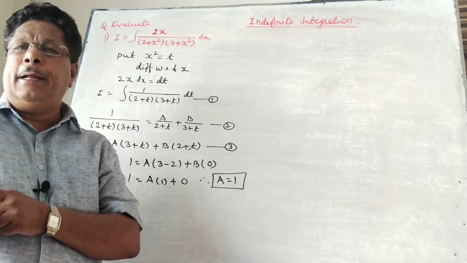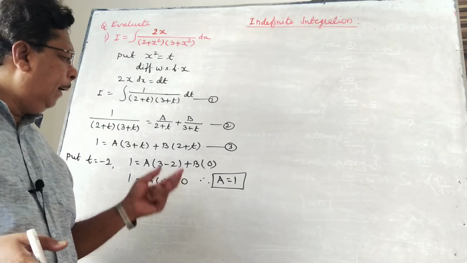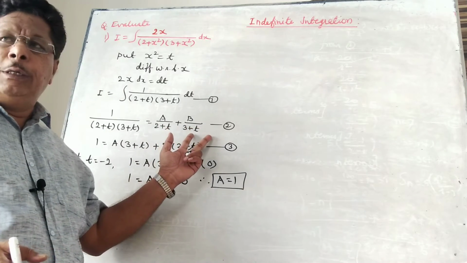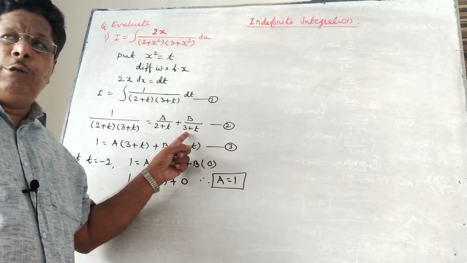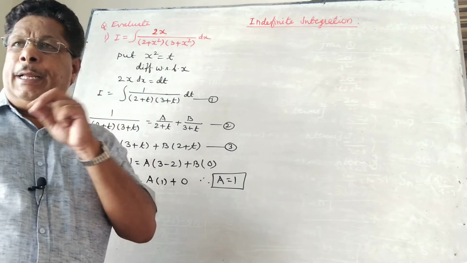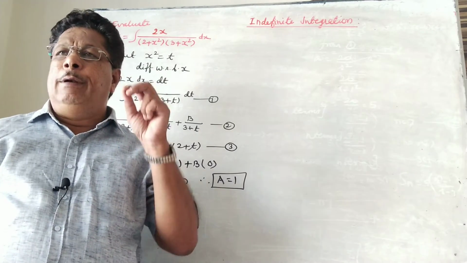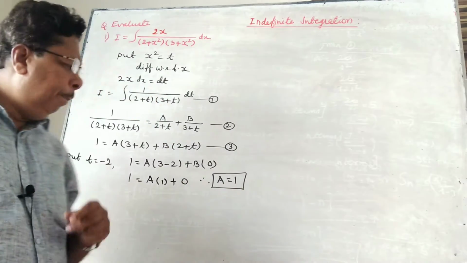In the similar manner, find partial fraction constant b. How can we find it? Observe equation 2. The denominator of b is 3 plus t. Take 3 plus t equal to 0, and you will get t equal to minus 3. With t equal to minus 3 you will get partial fraction constant b.